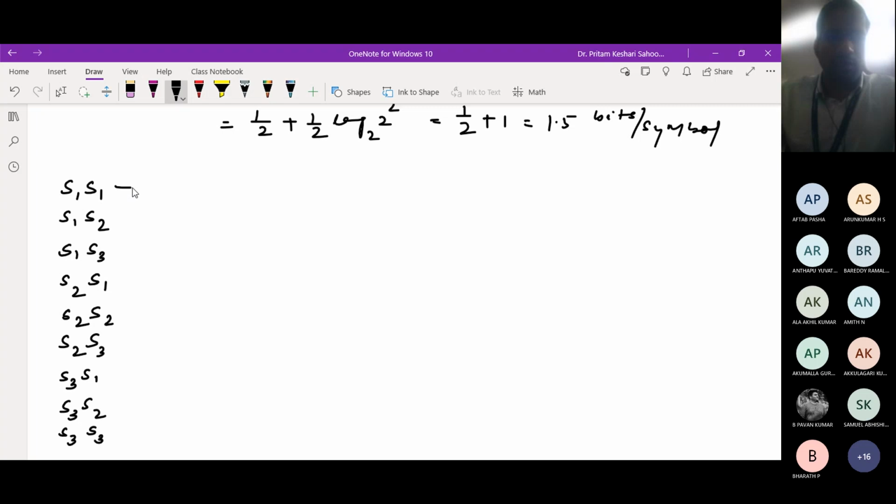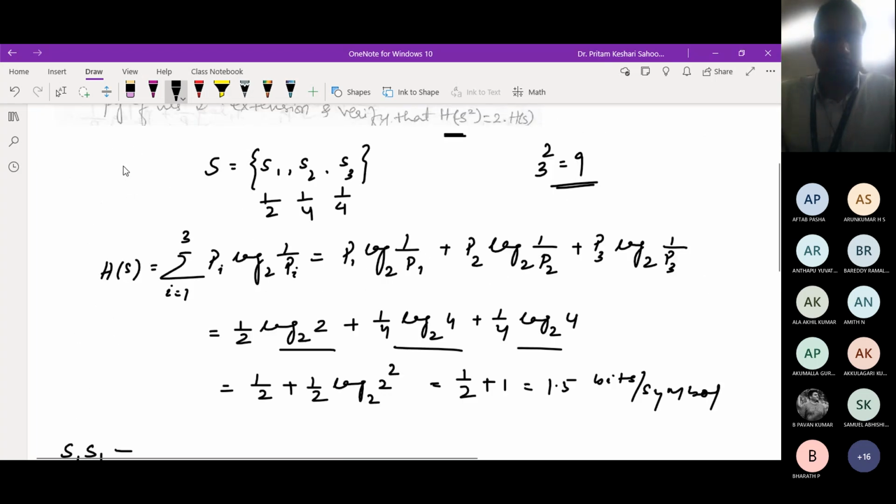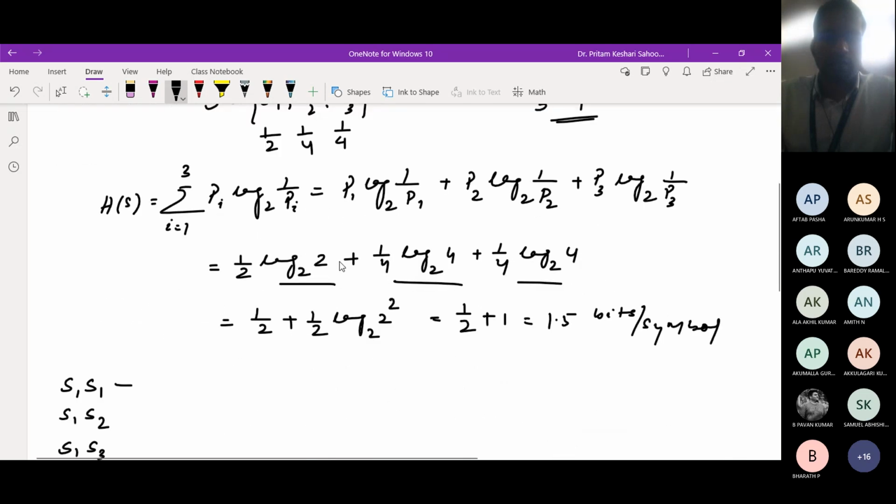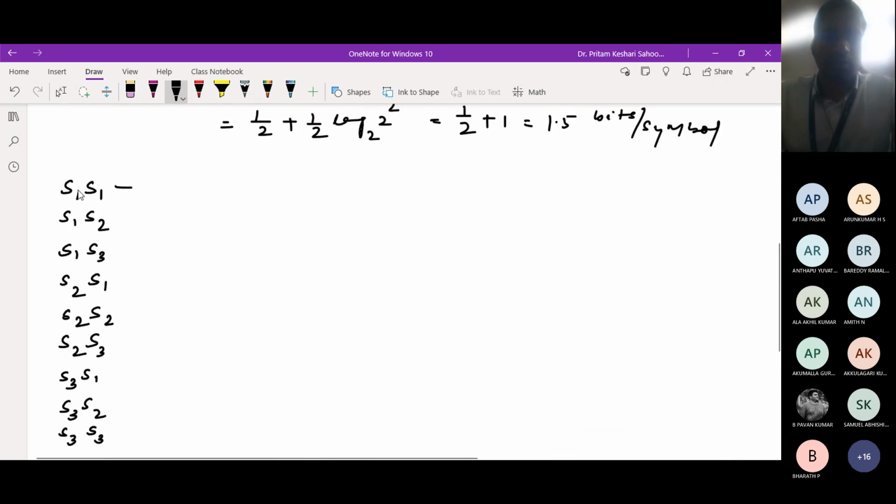Okay, so what is the probability of S1 S1? We know that S1 has probability 1 by 2, S2 is 1 by 4, S3 is 1 by 4. So here the probability is 1 by 2 into 1 by 2, which is 1 by 4. Then 1 by 2 into 1 by 4 is 1 by 8, again 1 by 8.